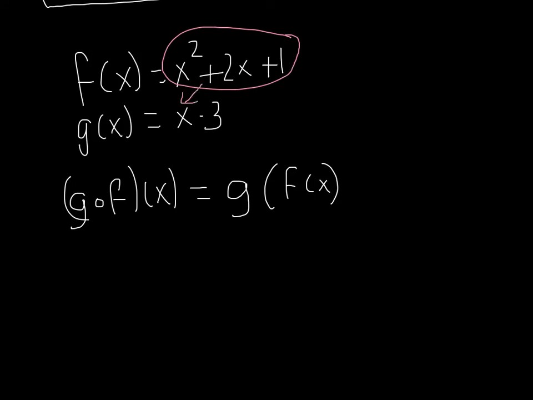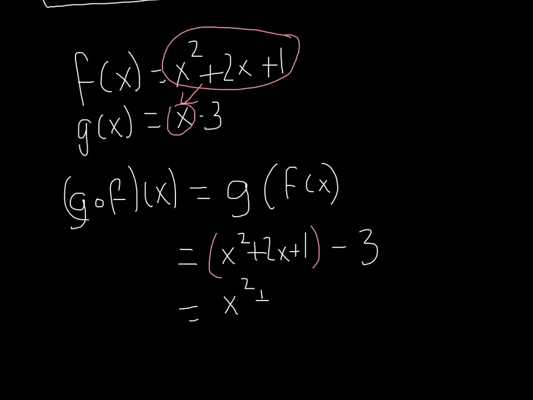And there's only x in one spot in the g function, so this way is actually easier than the last one. To be clear, I'll put it in pink, the function f, which is x squared plus 2x plus 1, and that got put in right here. I still need to subtract 3 and then simplify that.